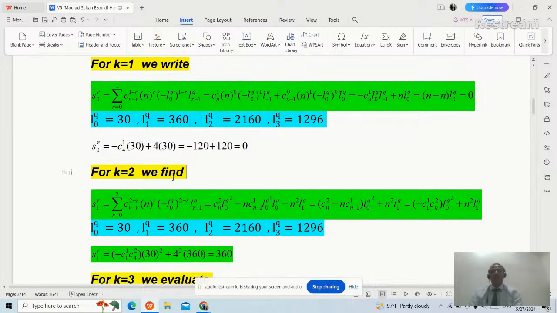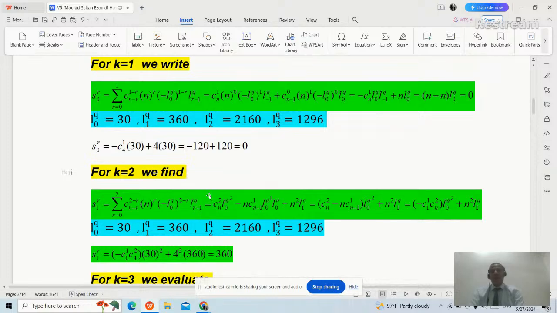Now, learners, we are going to find S1. We should replace k equal to 2 in the discriminant formula of Mourad Sultan Ezouidi. Therefore, the formula will be written as the sum from 0 to 2, combination n minus r choose 2 minus r, n raised to the power r, between parentheses negative L0 of dq raised to the power 2 minus r times L_{r-1} over dq.